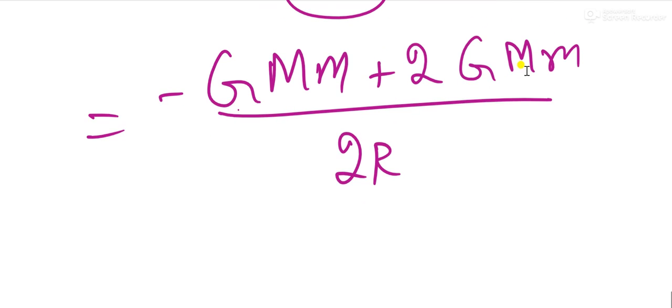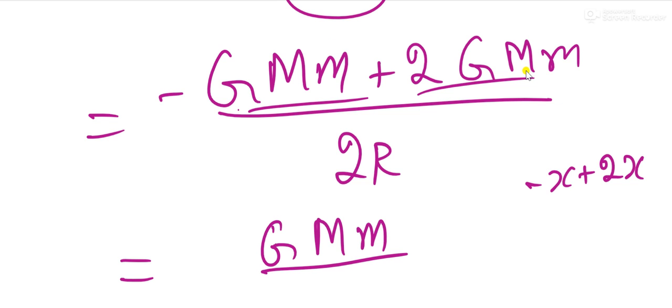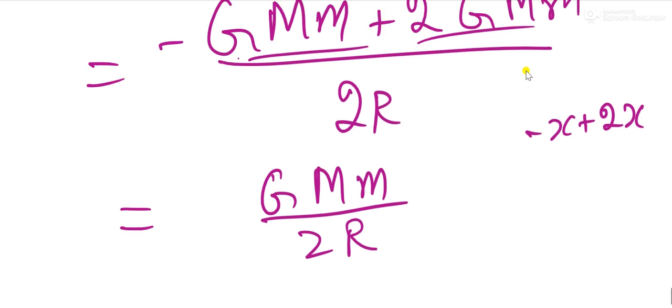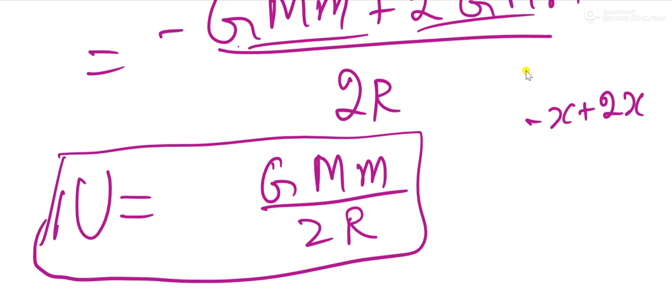So it is one time here and two times there. Finally, when the subtraction is minus x plus 2x, we get x, that is the answer. So GMm divided by 2R is the gravitational potential energy required to bring the mass from the surface of the earth to a height equal to the radius of the earth.